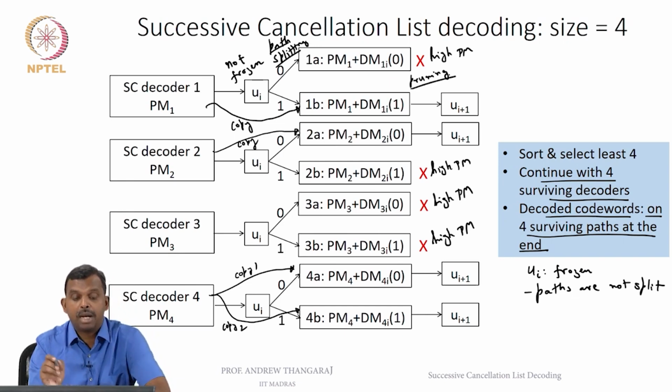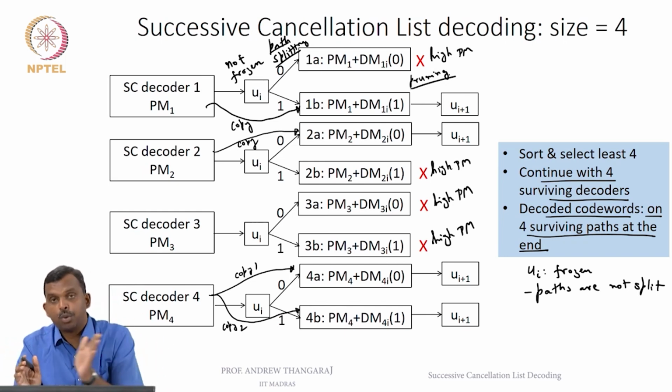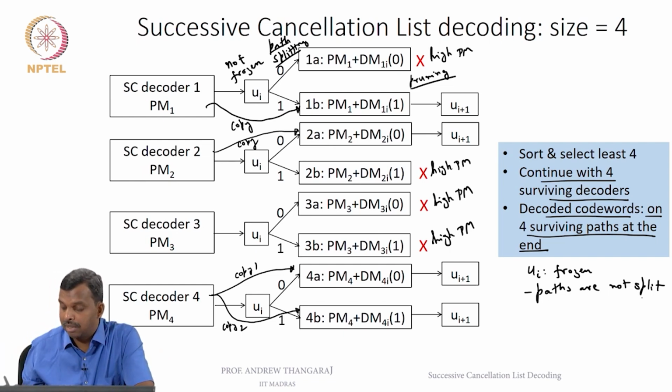So you split the path and expand it into 2 times the original list size, and then you prune it down to bring it back to M. So if UI is frozen, paths are not split, path metrics may be updated. The updating of the path metrics will happen, but paths are not split if UI is frozen.